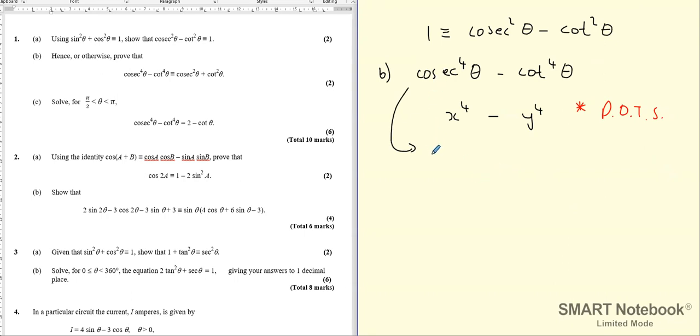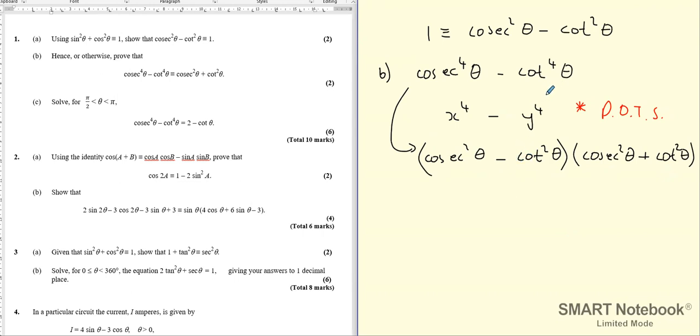Okay, and so if we take over from there, what do we get? We're going to get cosec squared theta minus cot squared theta as my first bracket, and my second bracket as cosec squared theta plus cot squared theta. So we've factorized it using difference of two squares.